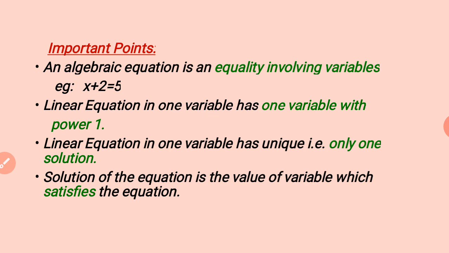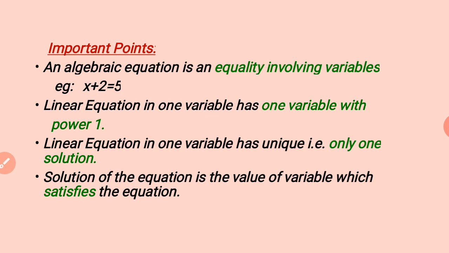Finally, the fourth point over here, solution of equations is the value of variable which satisfies the equation. Value of the variable, that's what we found now. Here the value of the variable is 3. It will satisfy the equation means the left hand side and the right hand side of the equation will become equal.